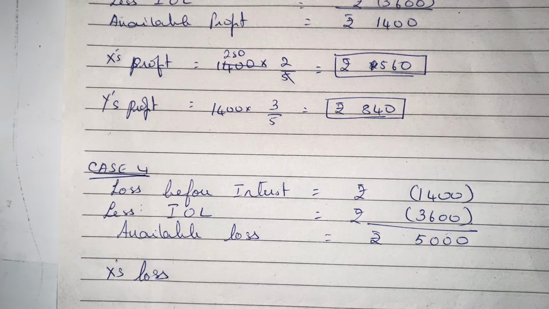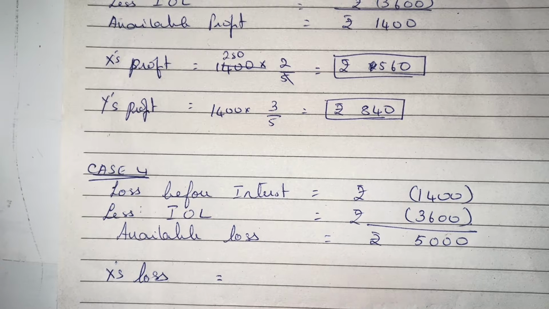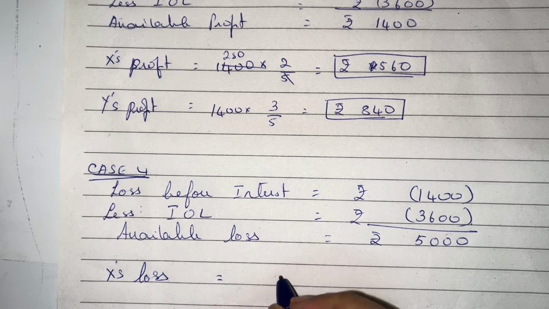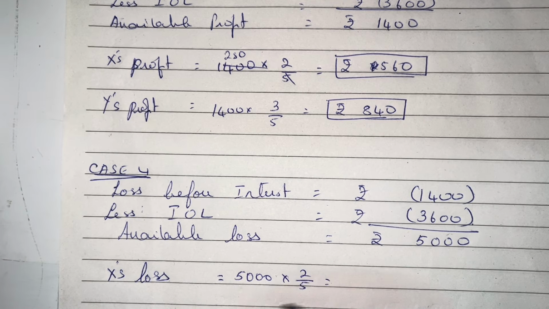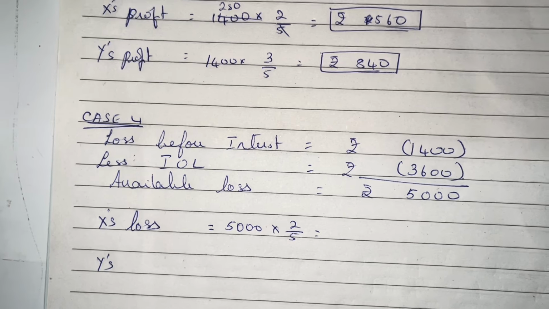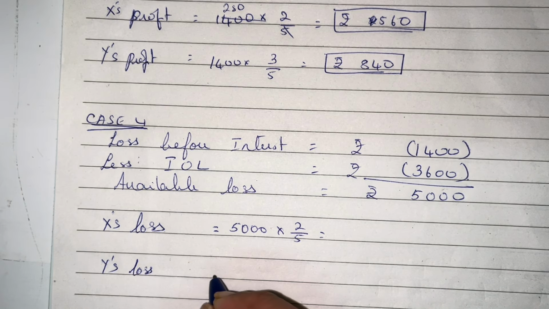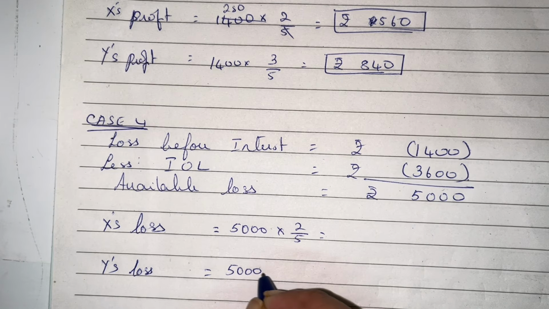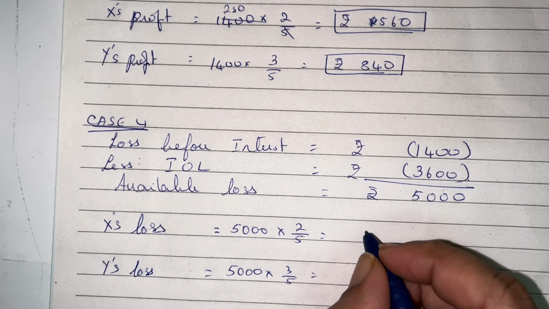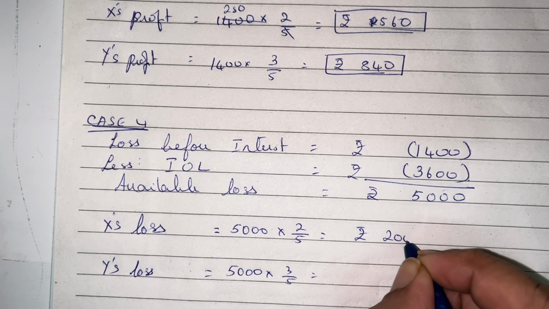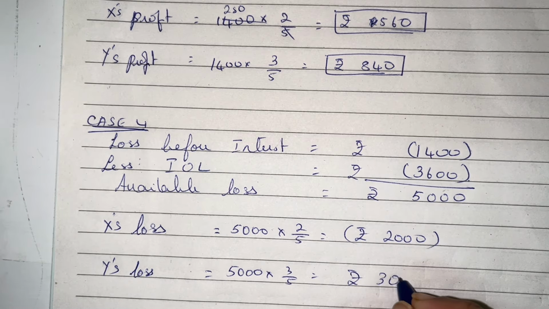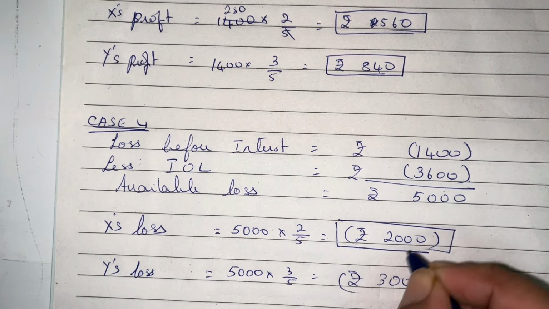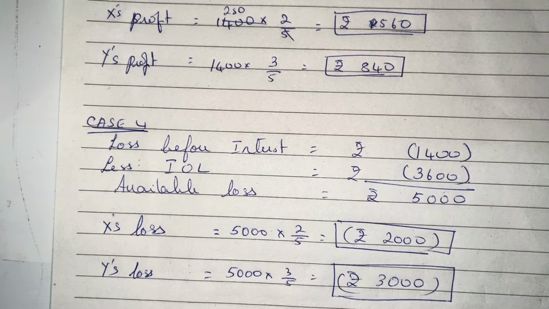X's loss is equal to 5,000 into 2/5, and Y's loss is equal to 5,000 into 3/5. That is rupees 2,000. We'll put it in bracket because it's a loss, and rupees 3,000 in bracket. This is the loss of X and Y. With this, the sum gets completed.